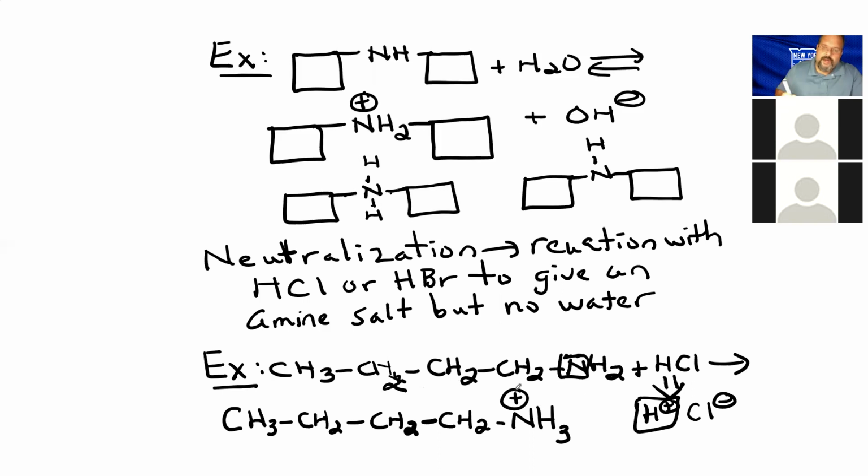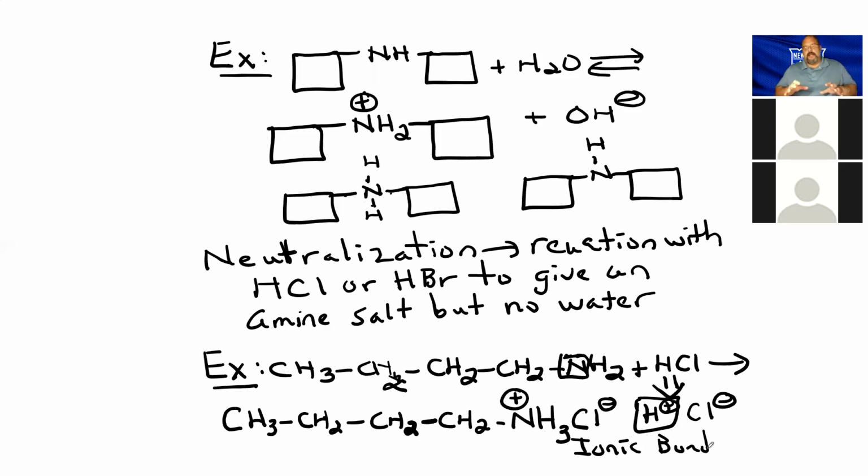Now, what else is present in this reaction that's going to be attracted to that nitrogen with the positive charge? It's going to be the Cl minus. What type of bond do you have between the N plus and the Cl minus? You have an ionic bond.